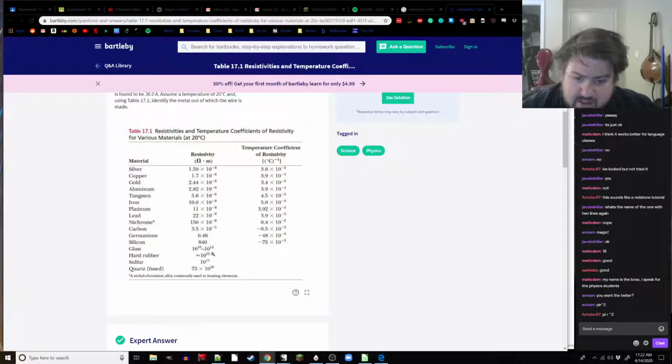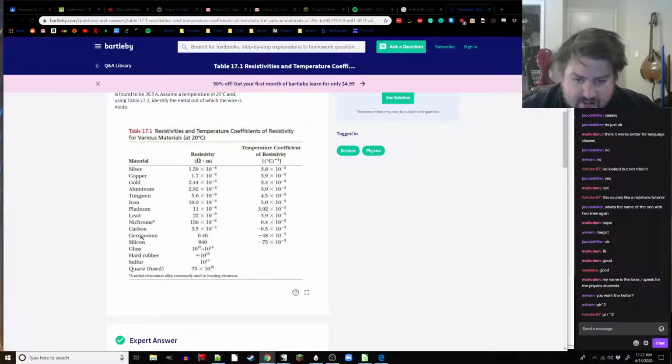Germanium and silicon are nice intermediate values. Whereas glass and rubber and sulfur and fused quartz are really high values for resistivity. Those are really good resistors. Insulators, you might even say.